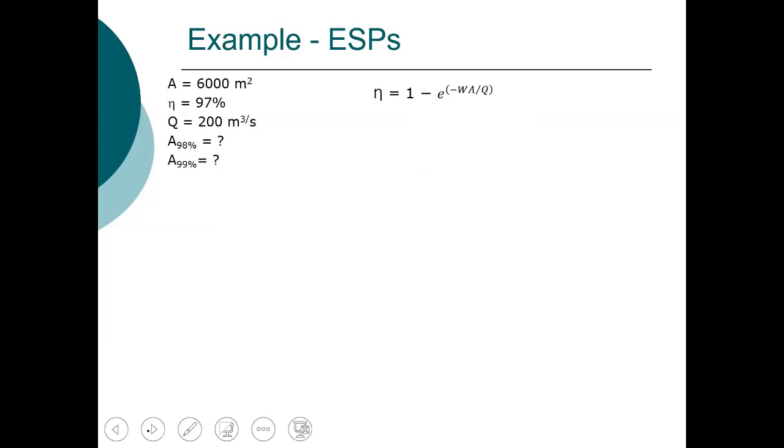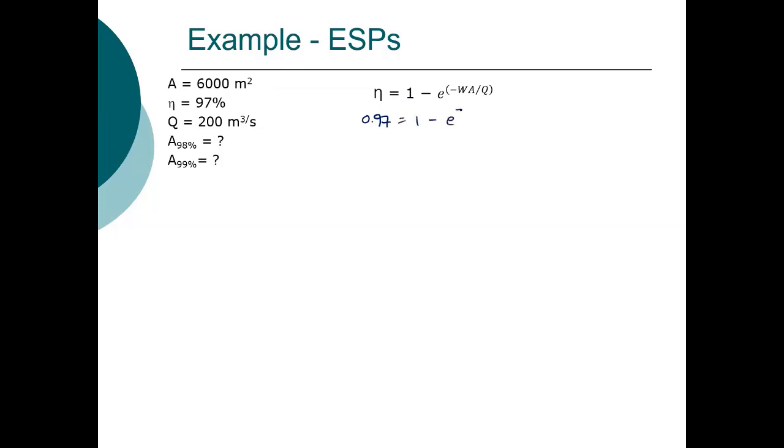So we have the situation where the area is 6,000 meters squared, efficiency is 97%, and Q is 200 meters cubed per second. Got our efficiency equation here. So based on this situation where we have 97% efficiency, that is equal to 1 minus e to the minus.